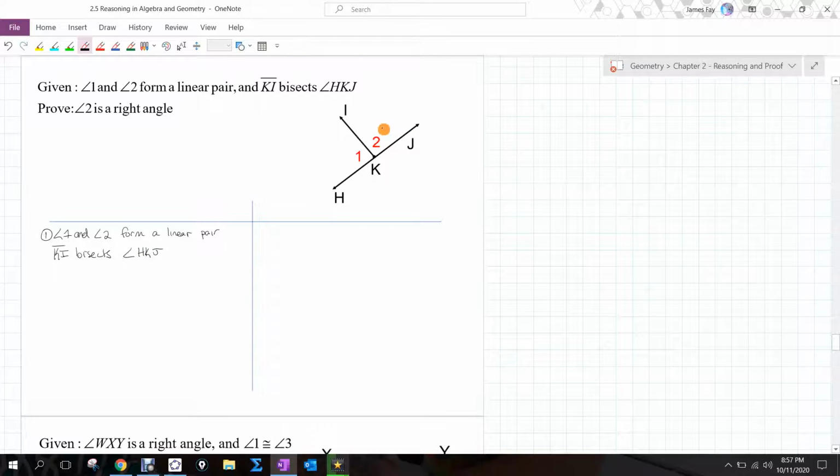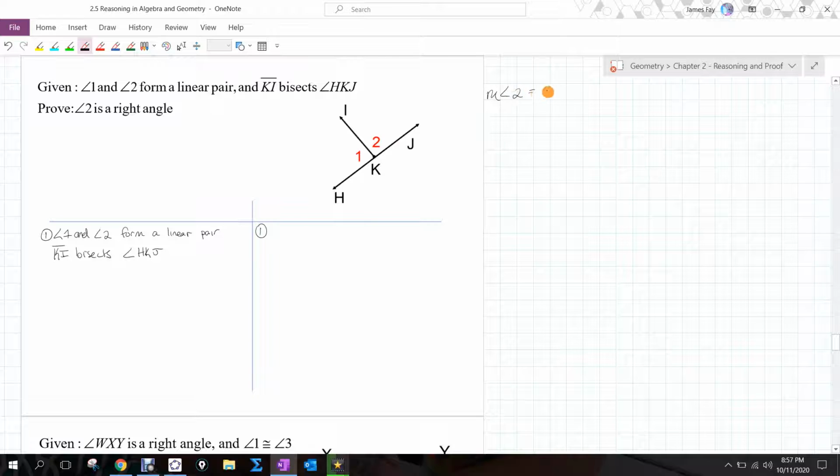They want us to prove that angle 2 is a right angle. Maybe hopefully it's not something that we need to remember, but angle 2, can we end up showing in some fashion, how do I know it's a right angle?